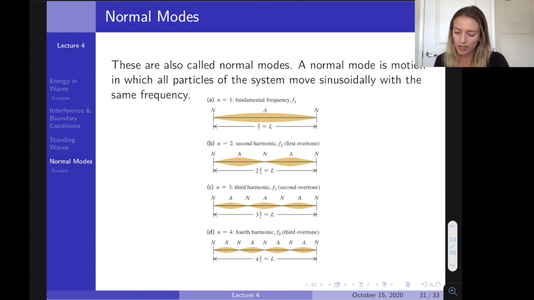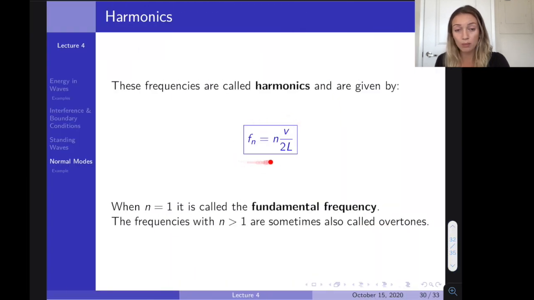Okay, so we can also take our equation for the harmonics and replace v with the equation we know for velocity on a string, right? Let's say n is equal to 1, so let's take our fundamental frequency. We have the frequency equal to v over 2L. We know the velocity for a string, right?